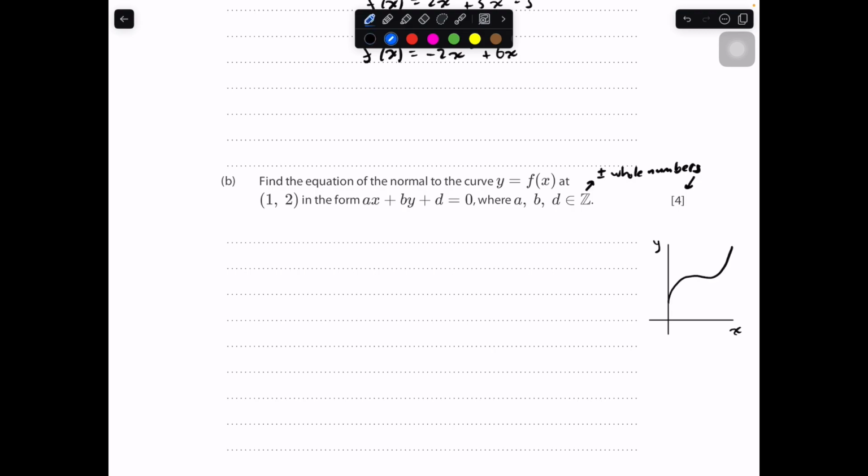If we want to find the normal to the curve at this point, let's say (1, 2), we don't want the tangent, we want the line that is perpendicular to that tangent line. That's what the normal is. This is the normal, and this right here is a tangent line. So we want the normal in this case.